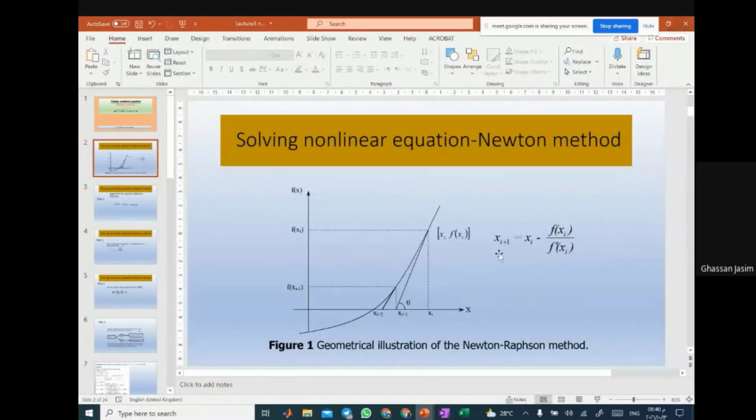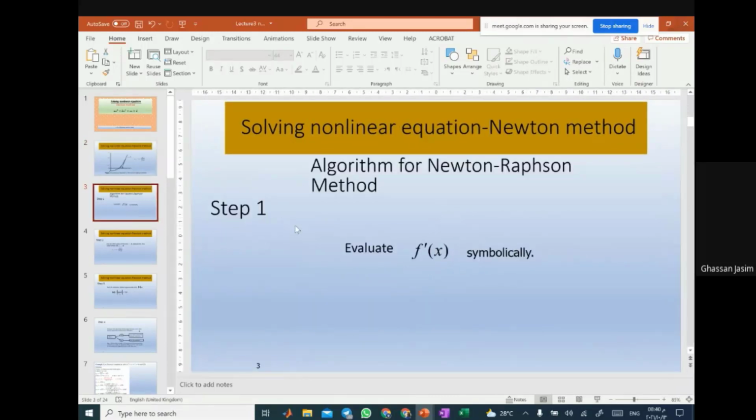Just like this, x i plus 1 equals x i minus f of x i over f dash of x i. Now we have the algorithm procedure for solving using the Newton-Raphson method.